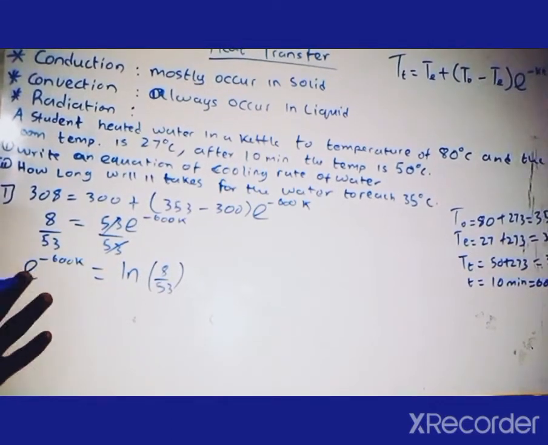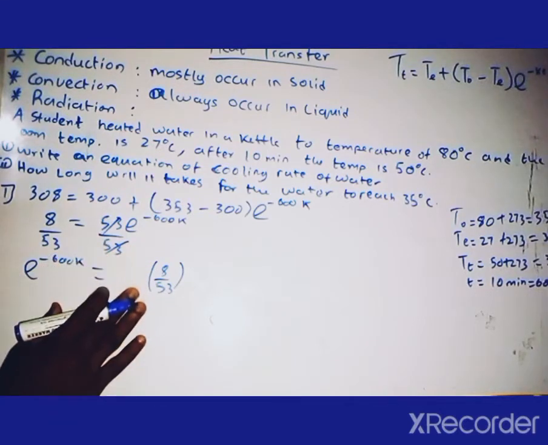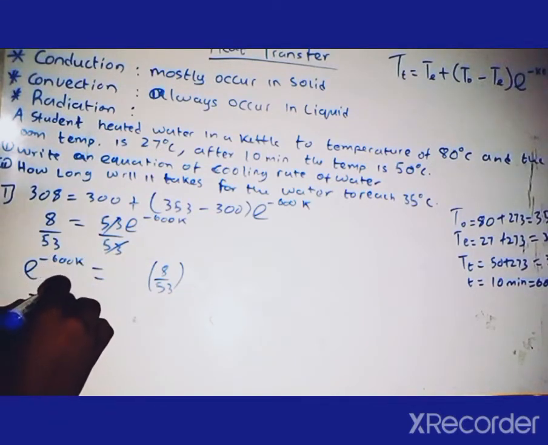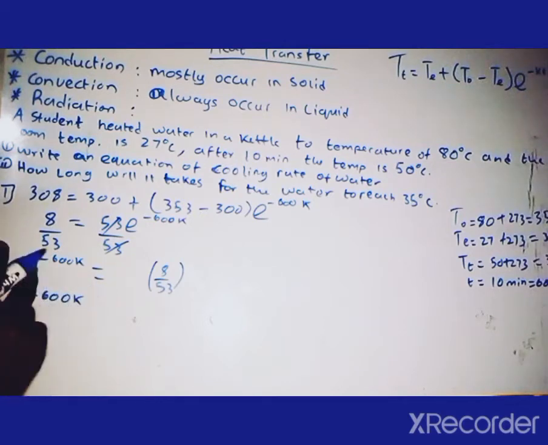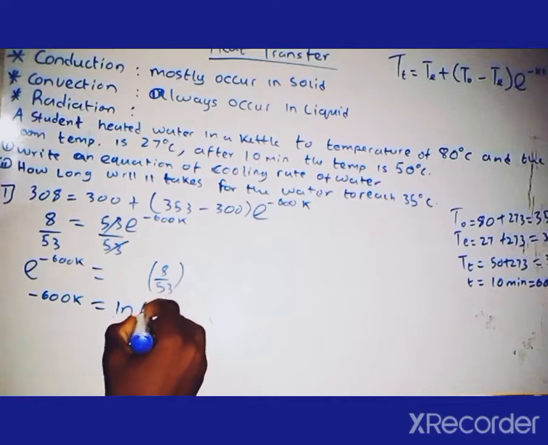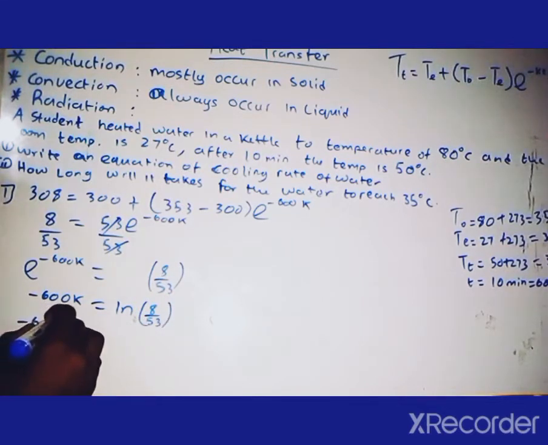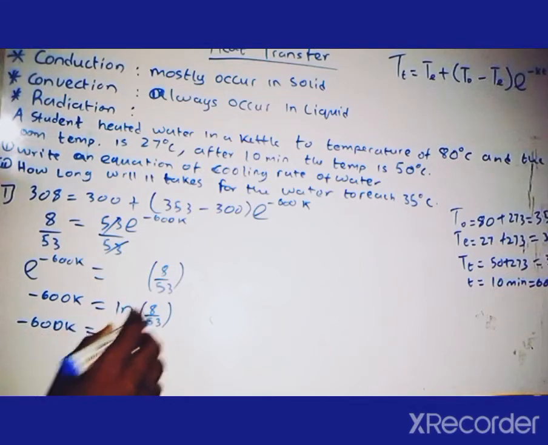Right? So introducing this here, and let me first leave it like this. So now it will be minus 600k. To eliminate this, you introduce a natural logarithm here. 8 over 53. Now minus 600k is what?